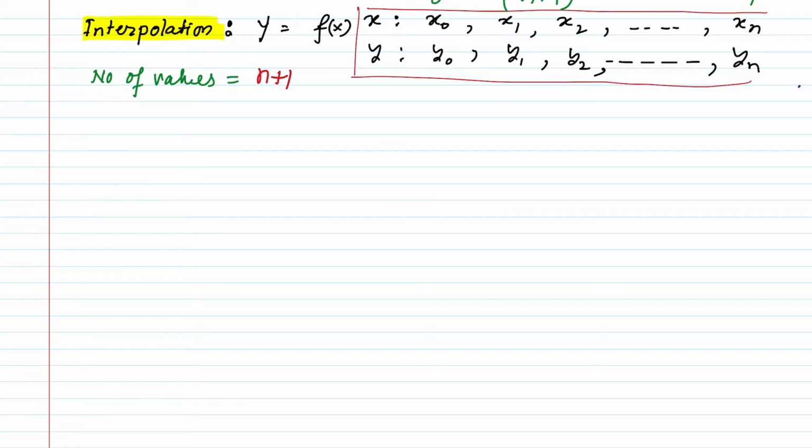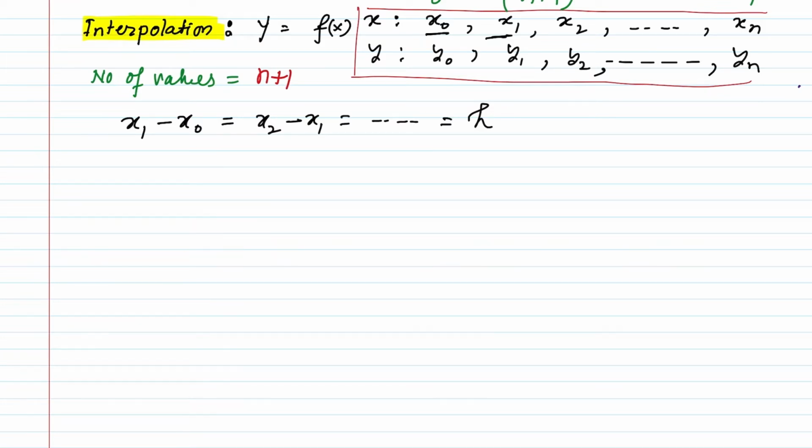And suppose they are equispaced. That means the consecutive difference between any two consecutive values is the same. So let us assume that x1 minus x naught equals x2 minus x1 equals and so on. These are all equal to h.